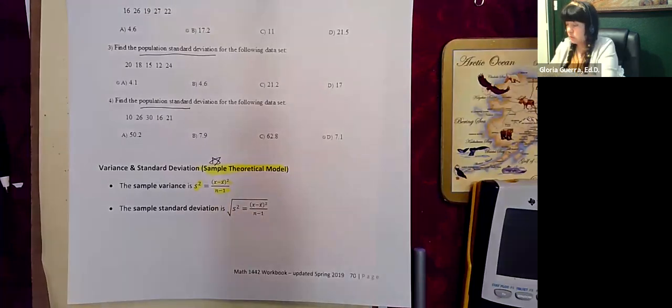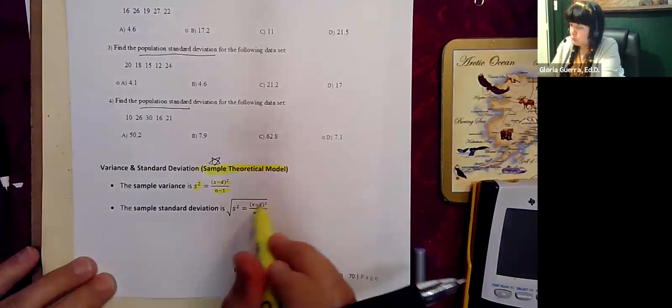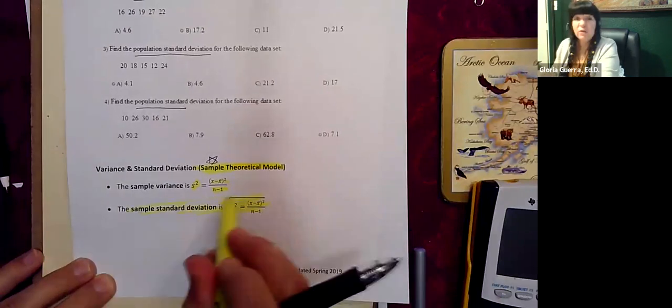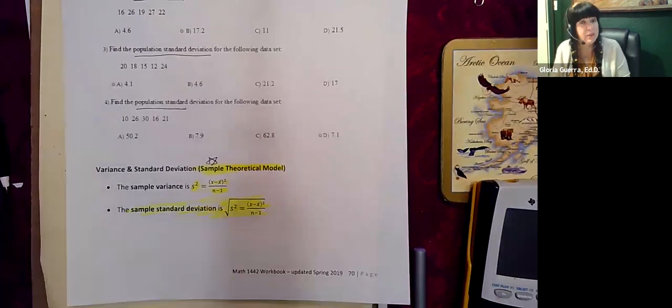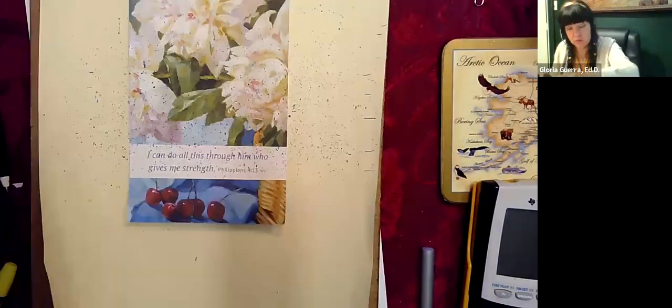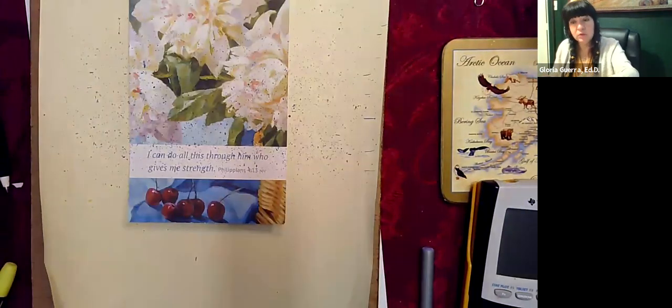We're not doing it by hand. Now, sometimes your videos in Connect Math emphasize doing things by hand, and we're allowed to use a calculator, so don't worry so much about that.